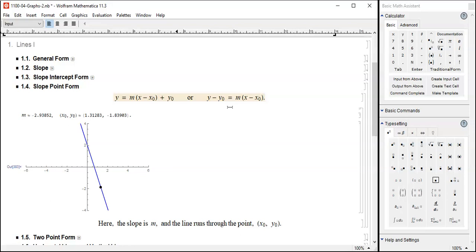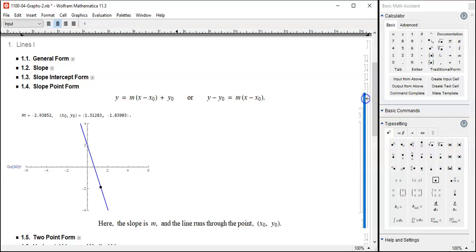But technology usually prefers this way because usually computers want y equals to something explicitly rather than implicitly like this, y minus y0 equals to something. So if I flip this y0 over to the other side, then I'm going to get this form. And of course, they are equivalent. Personally, I prefer the first expression a little bit more. Both of them are correct, and they are equivalent.